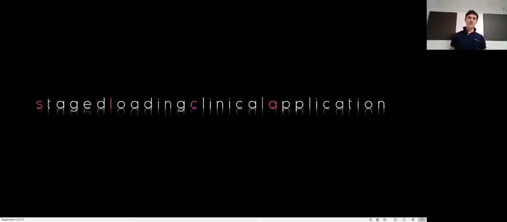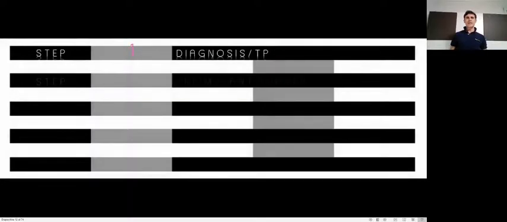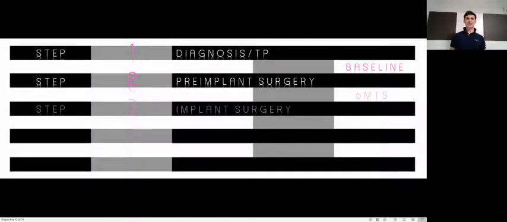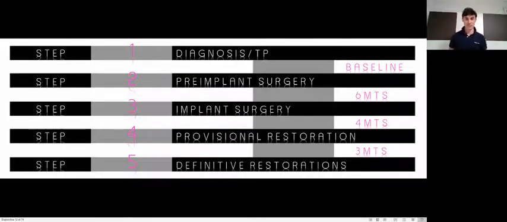So we chose a staged loading by a pre-implant surgery and implant surgery, a provisional restoration time for the soft tissue maturation, and a definitive restoration, for a total of 13 months of waiting for the definitive for this kind of patient.